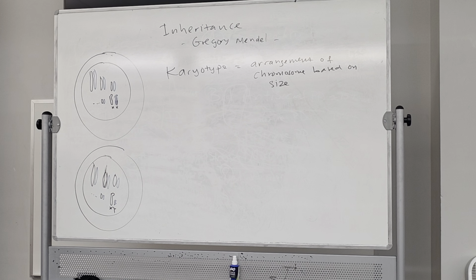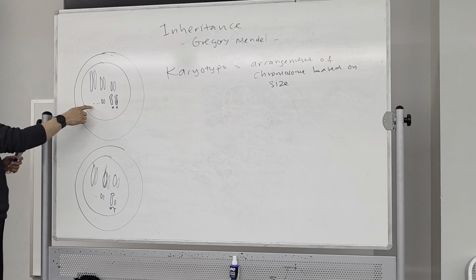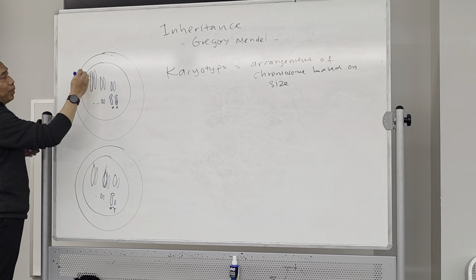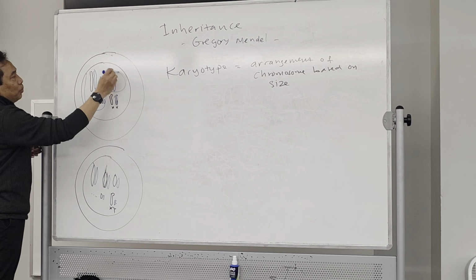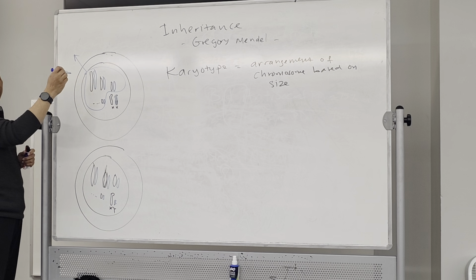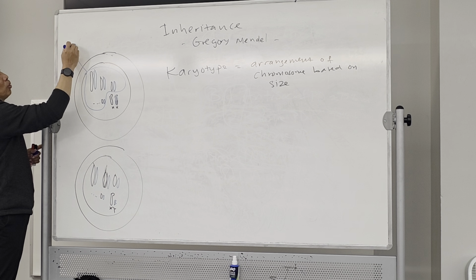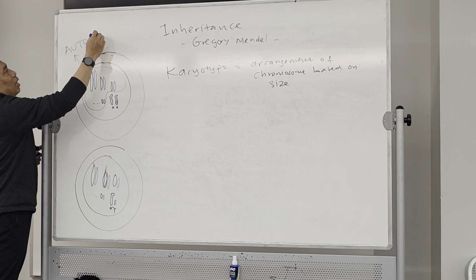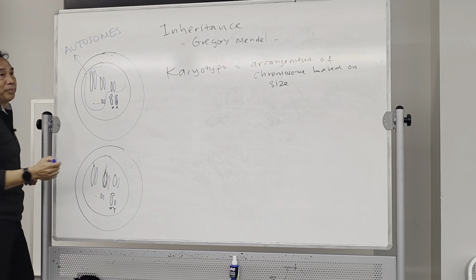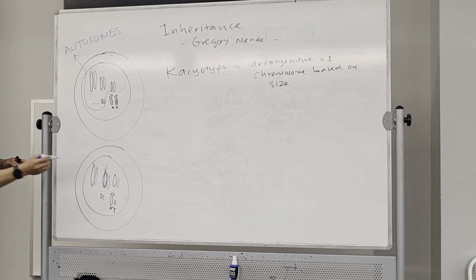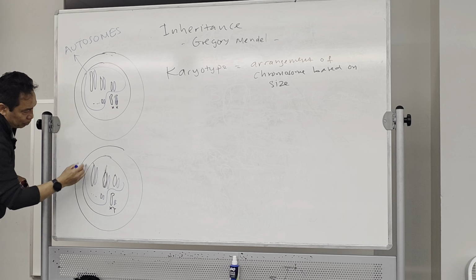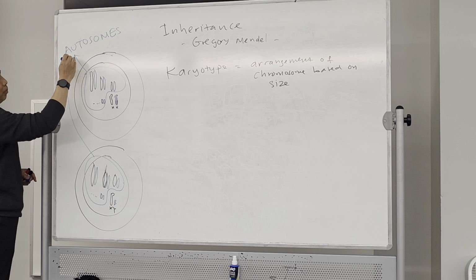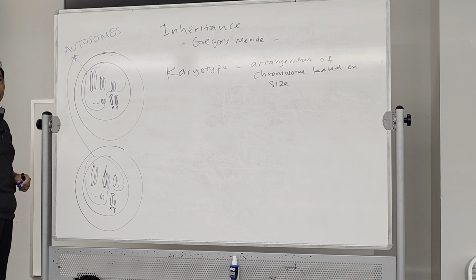You follow this? Now, pair number 1 until pair number 22, this chromosome is called autosome. Autosomes. The pair number 23 is called sex chromosome.